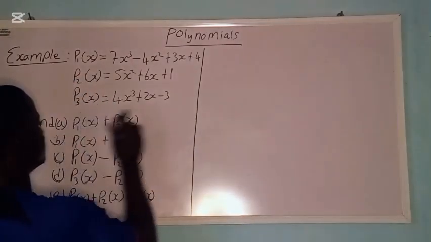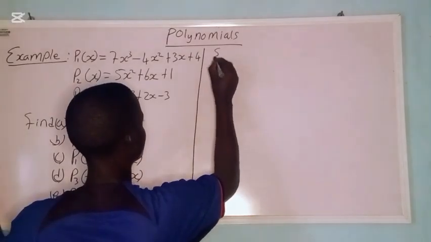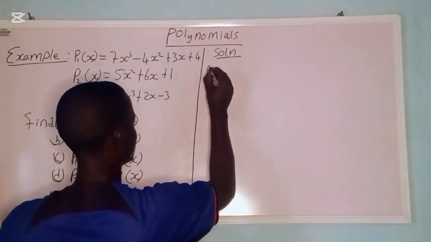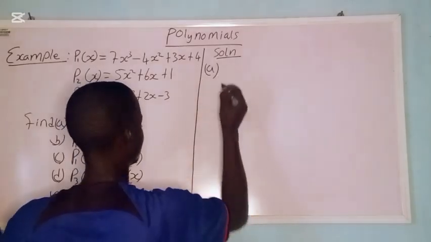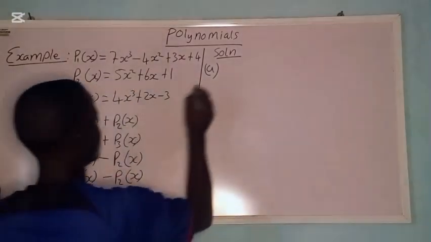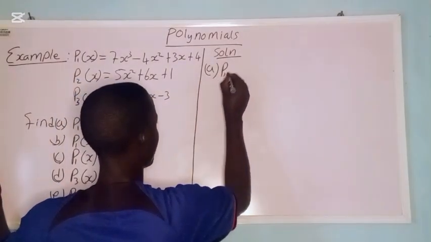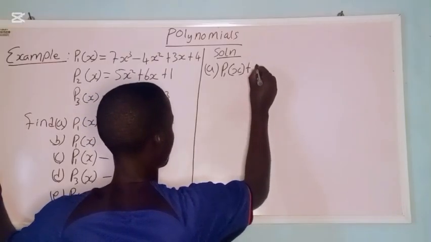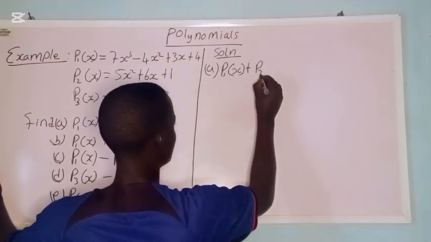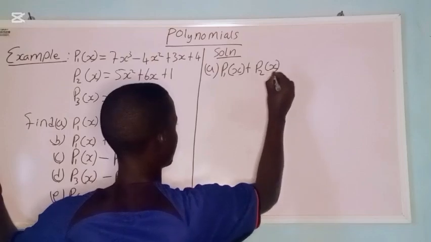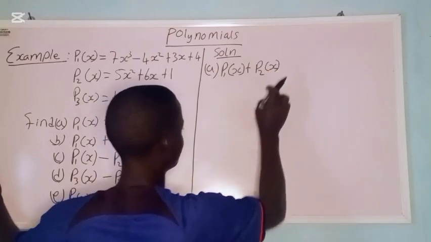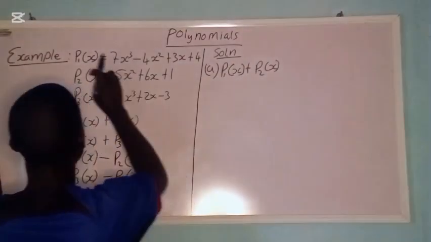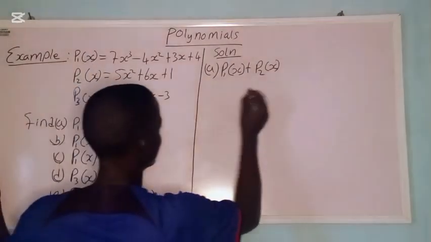You see A. You have P1(x) plus P2(x). So now we want to add P1 and P2. So let's add it and see.